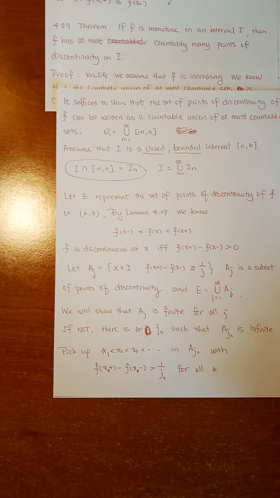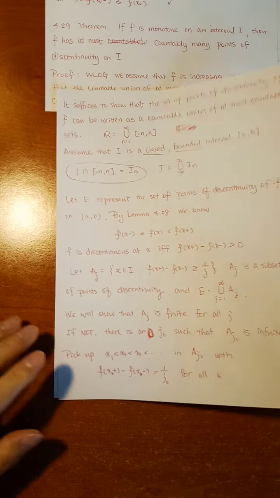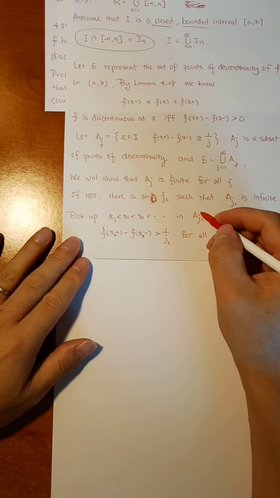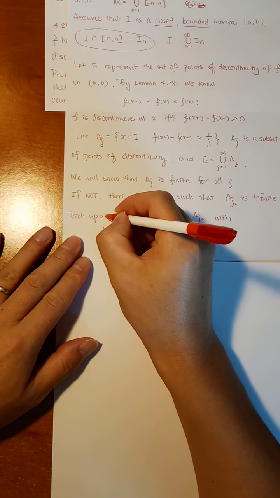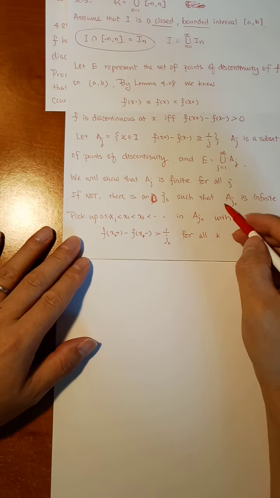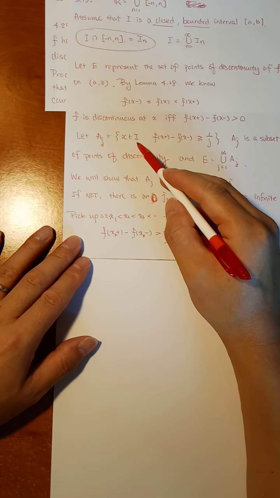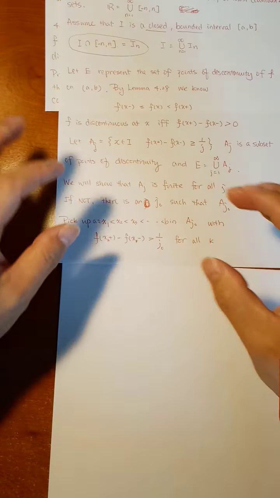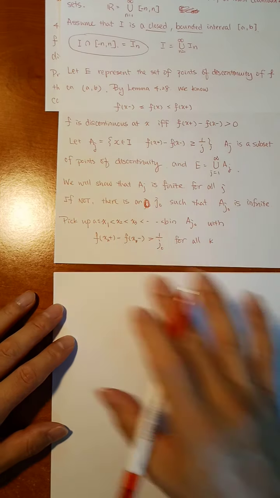Let's check what contradiction we will have. A_j is inside I, so it's bounded by a and b.